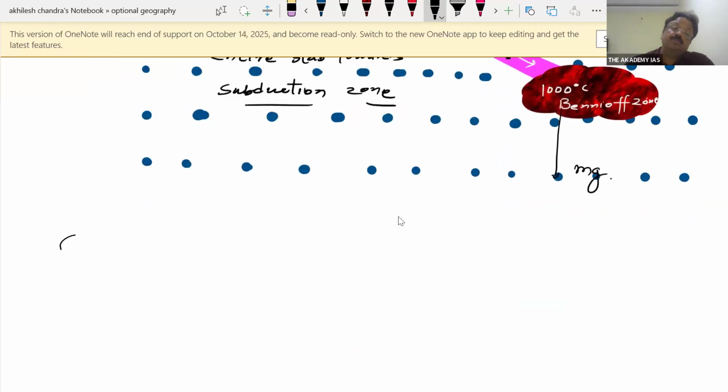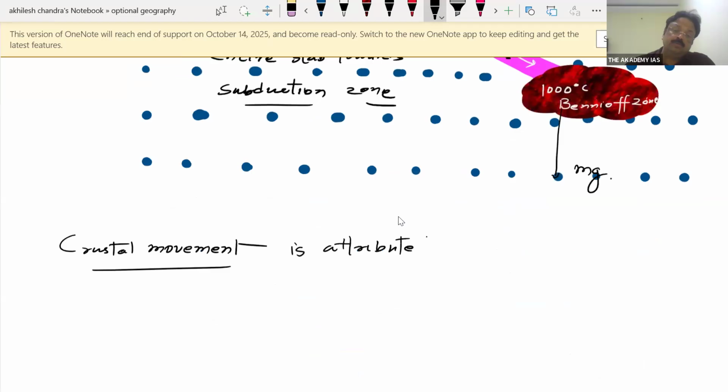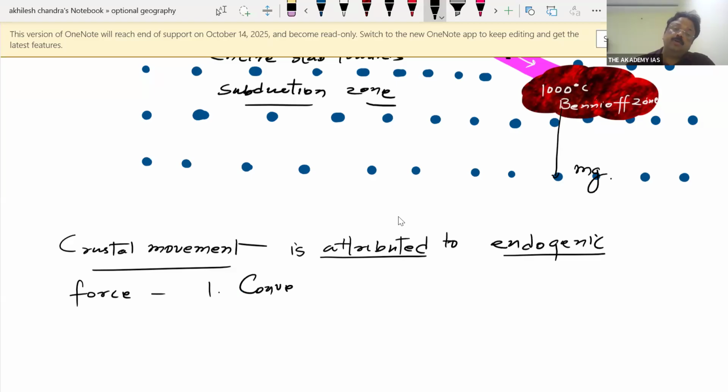So the crustal movement is attributed to endogenic force. Endogenic force that includes number one, strong convectional current.